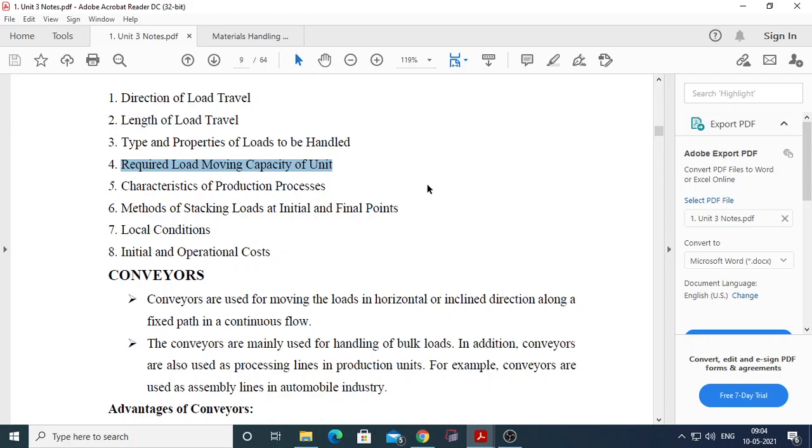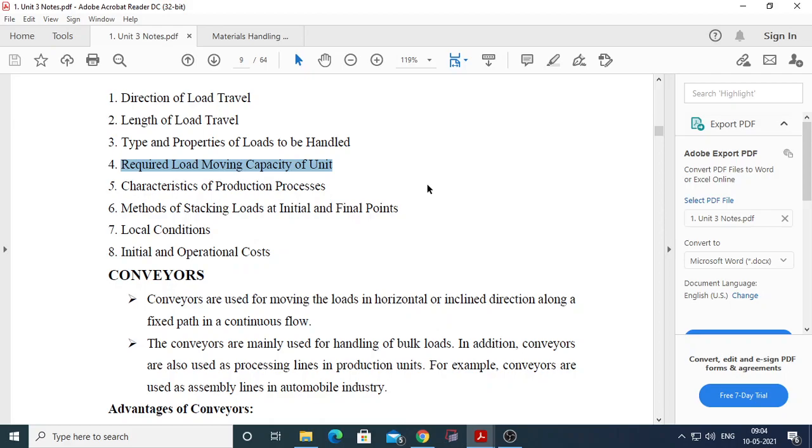If the capacity is large, which equipment will we use? A continuous flow type device, like the conveyor.